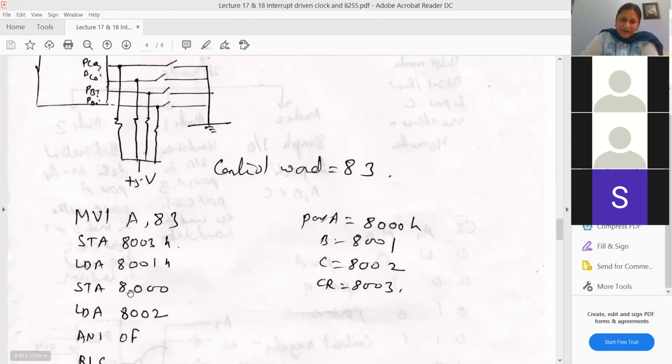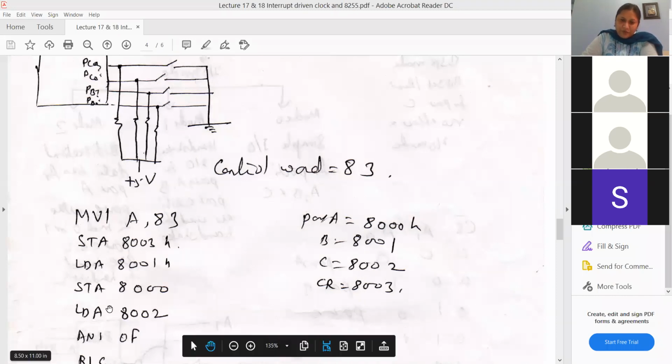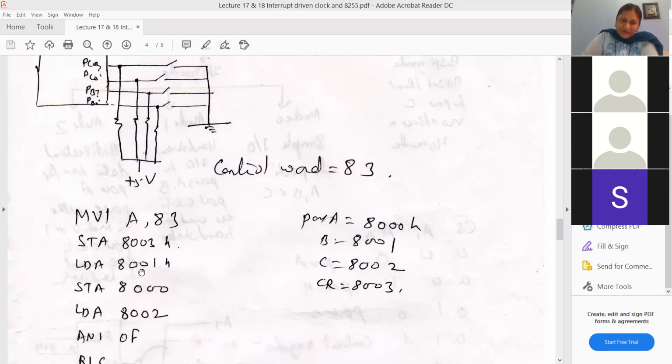Whatever is available in the accumulator from port B has to be outputted to port A. So whichever switch of port B is on, the corresponding LED of port A will glow. Understood?